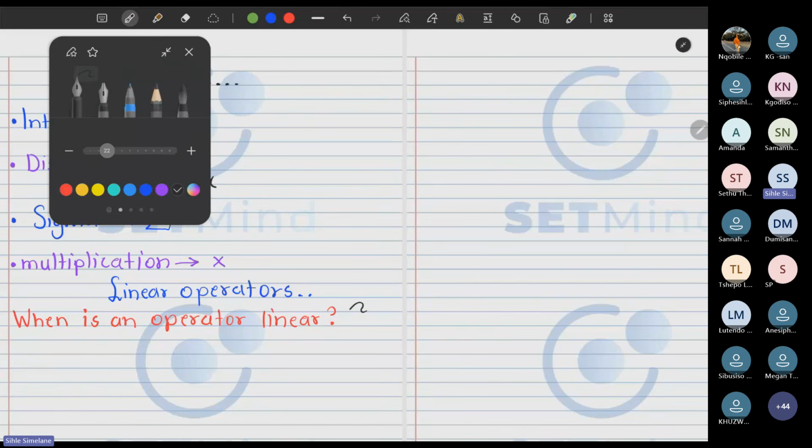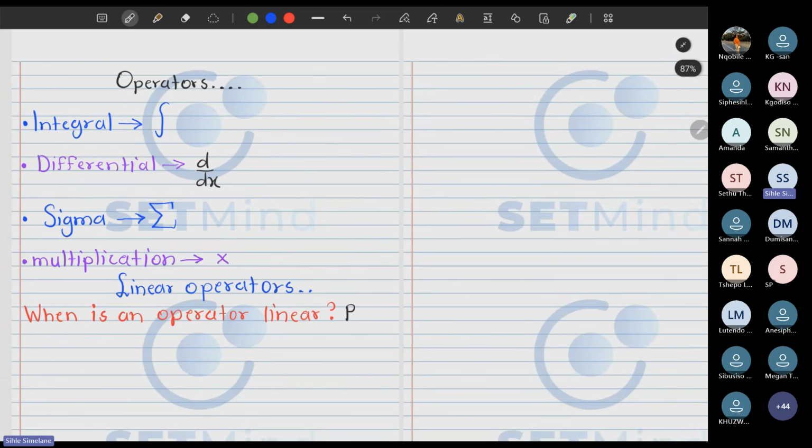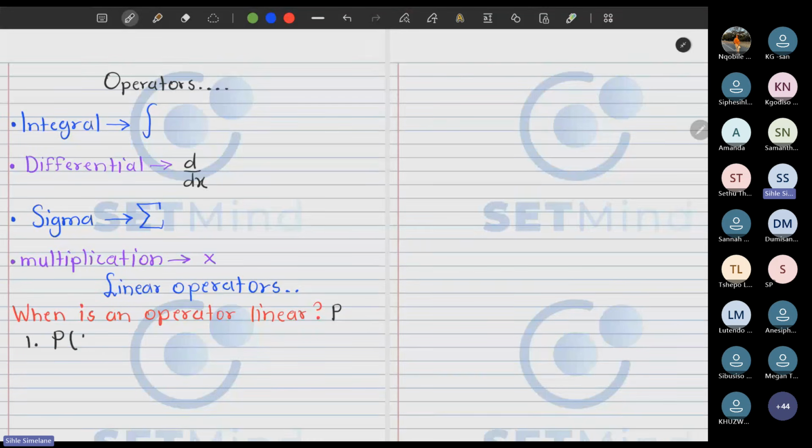What we are going to do for our operator, we'll use P. That will be our operator. So number 1, an operator is linear if when it acts on y1 plus y2, it gives you the same answer as when it acts on y1 separately and acts on y2 separately, but the sum will be equivalent.